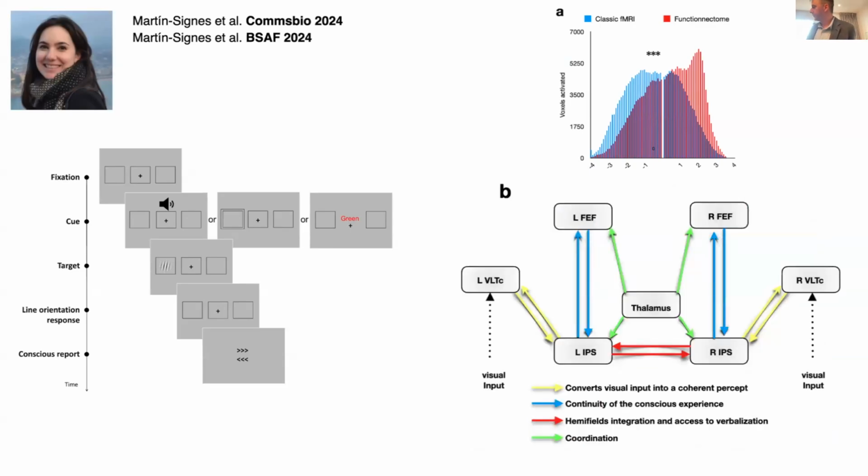And so this allows you to start thinking about models where you don't only have regions, but also the pathways that you can put inside them. In the present case, we were saying the visual input follows the visual ventral stream, and you're not conscious of it until you get into the ventral lateral temporal cortex that is connected with the IPS, with the posterior segment, that will bring the information into the frontoparietal network over there.